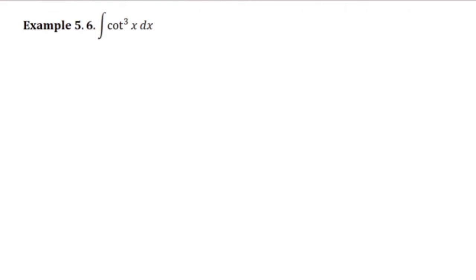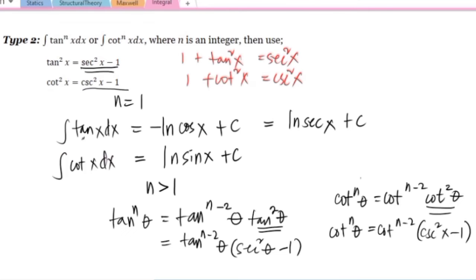Example 5.6. Example 5.6, we have here the integral of cotangent x cubed dx. So, makikita natin dito that we have the integral of cotangent x dx. And this would fall to type 2. So, anong sinasabi dun sa rule ng type 2?